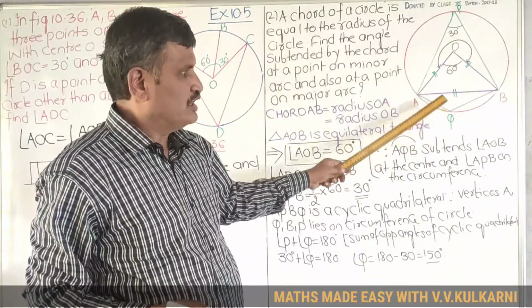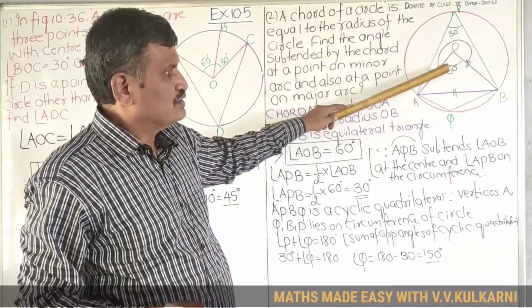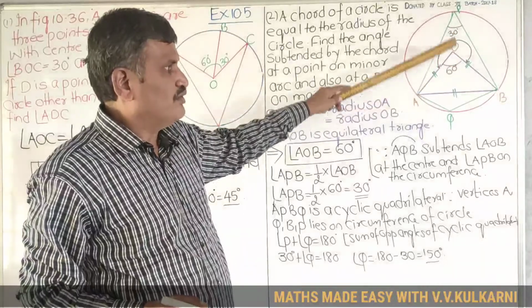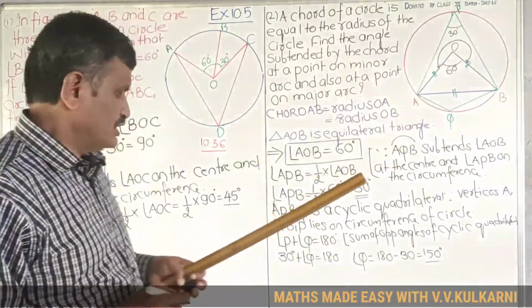So if you use that theorem, then AQB will be equal to half of reflex AOB. This is 60 and reflex of AOB will be 300. So half of 300 will again be equal to 150. So the second method is also there.